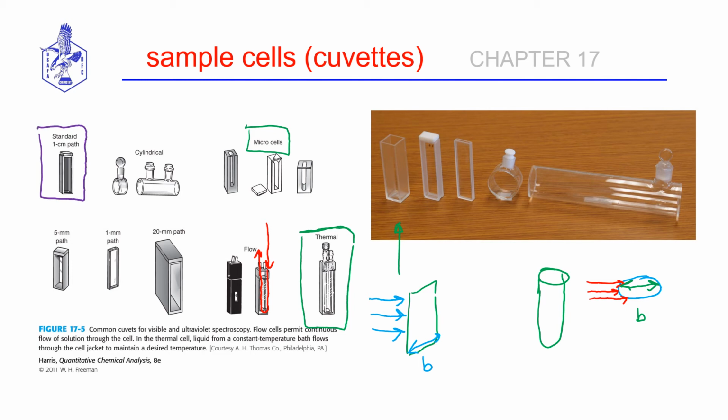Glass is going to be maybe $50 versus quartz, which can be really expensive if you have matching sample and reference cells. And the standard path length here, the width of the cuvette, is 1 centimeter. So a lot of variety in the cells that can be used, which makes the technique incredibly versatile.